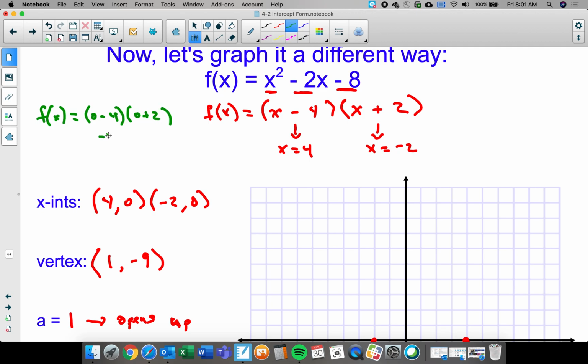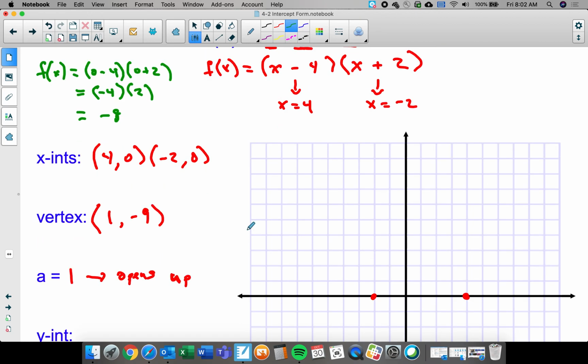Well, 0 minus 4 is just negative 4. 0 plus 2 is just positive 2. I multiply those together, and I end up with negative 8 as my y-intercept, which is exactly what we got on the previous slide when we were working in standard form.